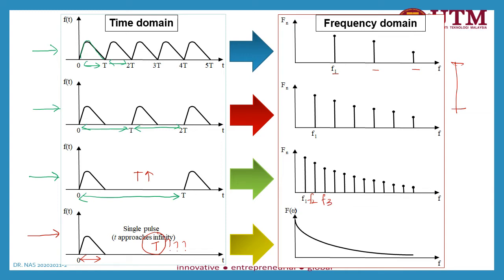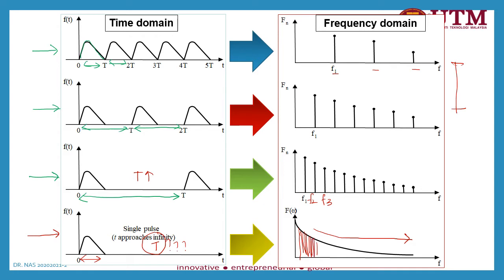But what happens when you have the unseen T? You don't know how long the T is. So the spectrum, or the signal in frequency domain, can be seen as a line spectrum. Okay, line spectrum up to infinity, because you don't know how small the F is. Okay, for example, like this.